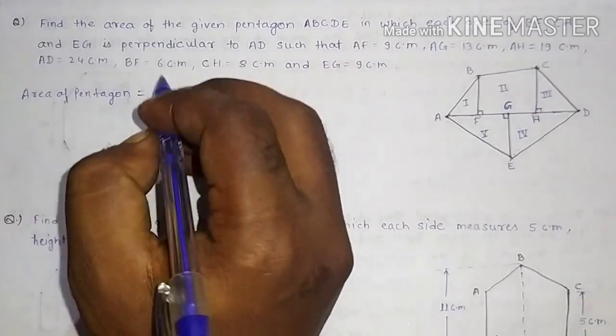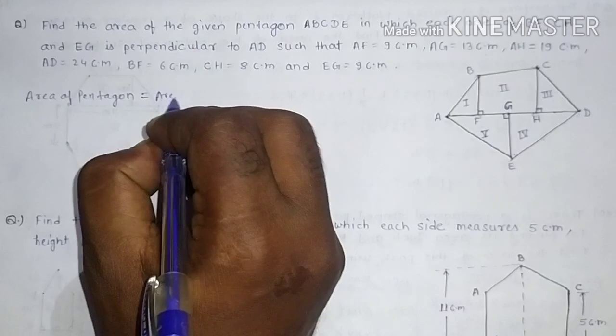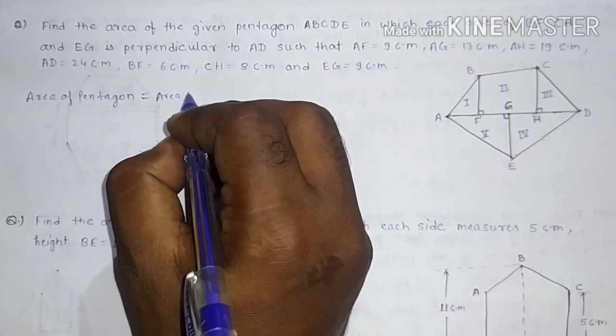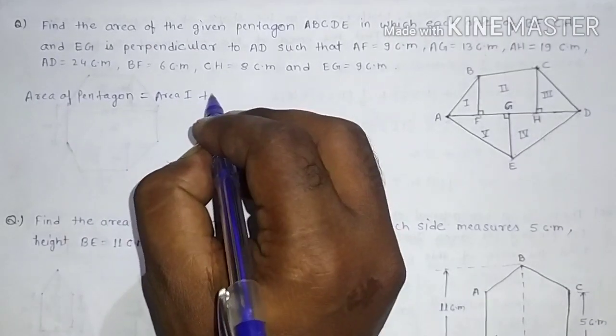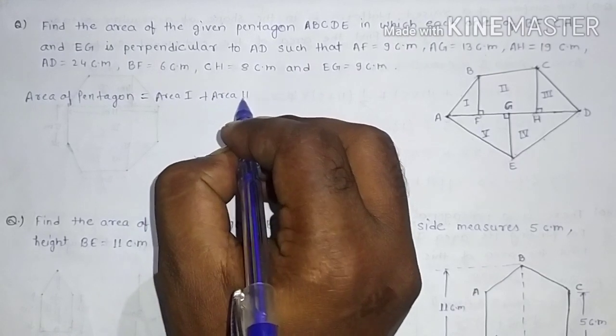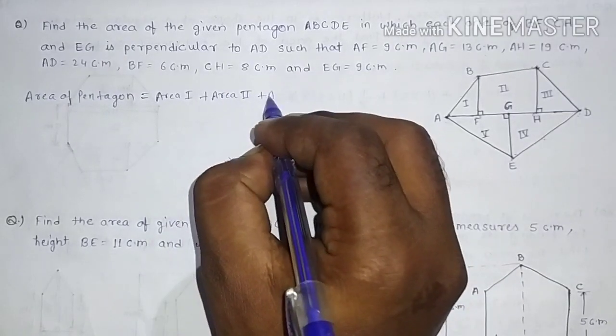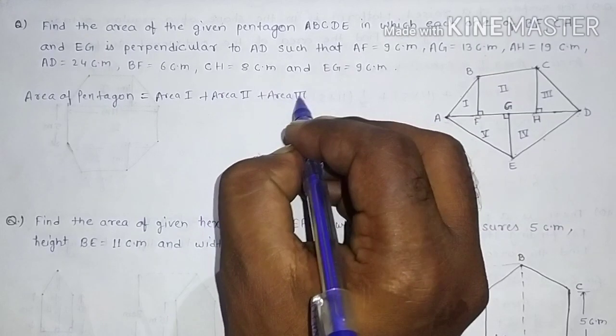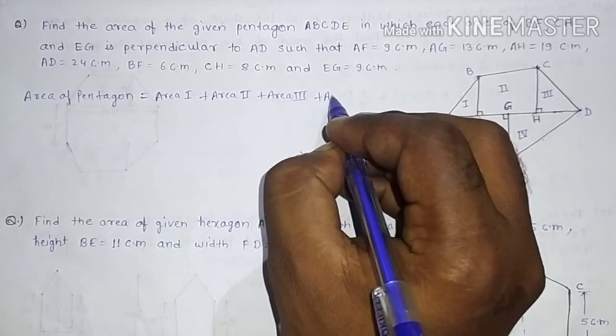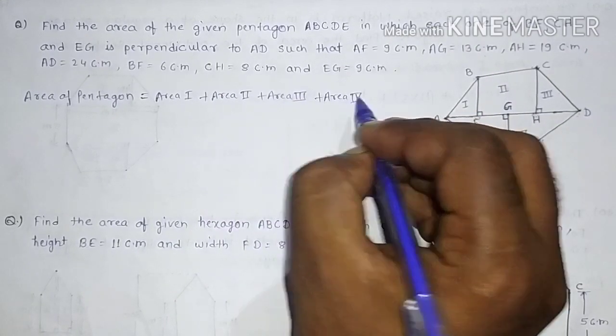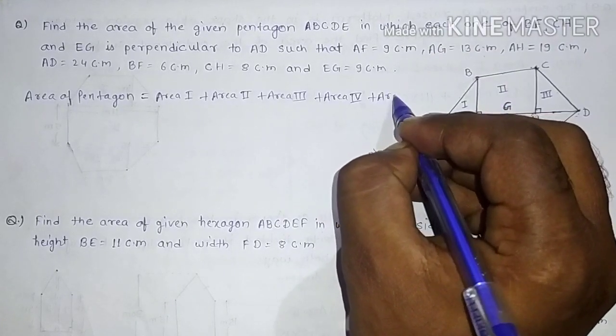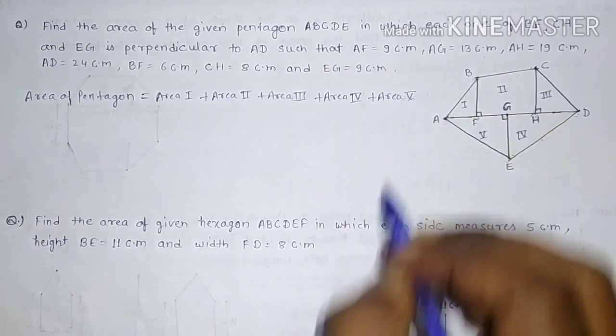So just write here: area of section first plus area of section second plus area of section third plus area of section fourth plus area of section 5.